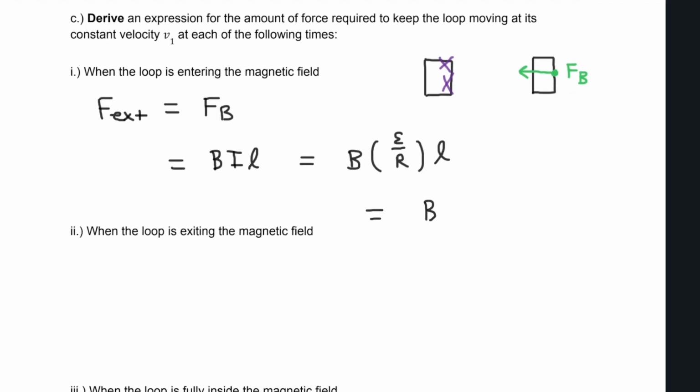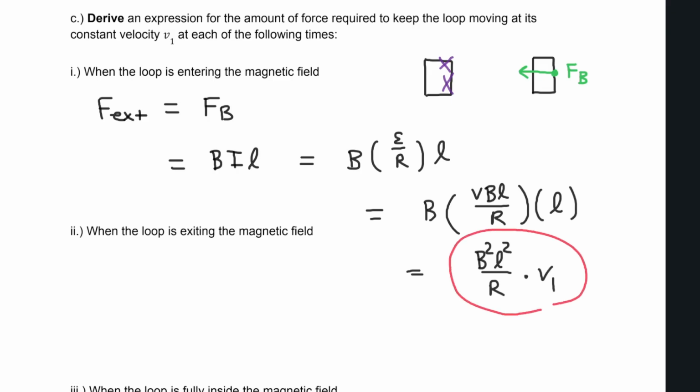And since this is motional EMF, the EMF induced is always VBL. And notice it's L and not 2L because we take the L in the direction of the velocity. So this would be, well, I have two B's and two L's multiplied together, so this would be B squared L squared over R times V. And V1 is that speed.